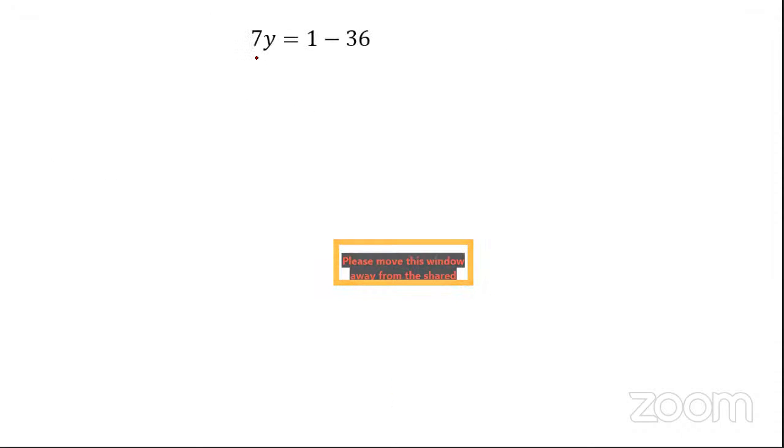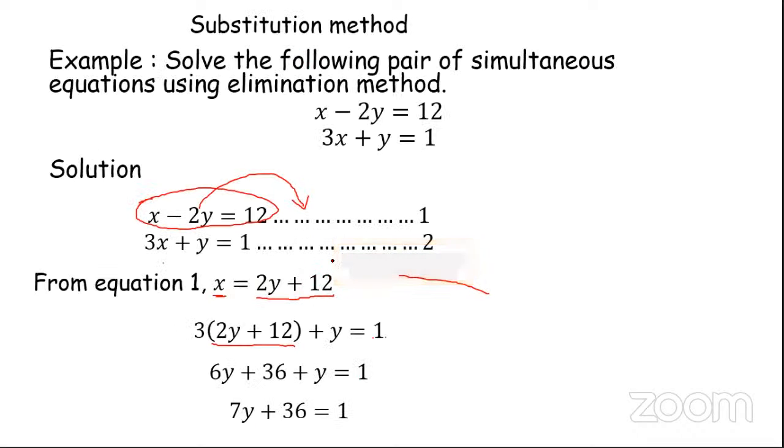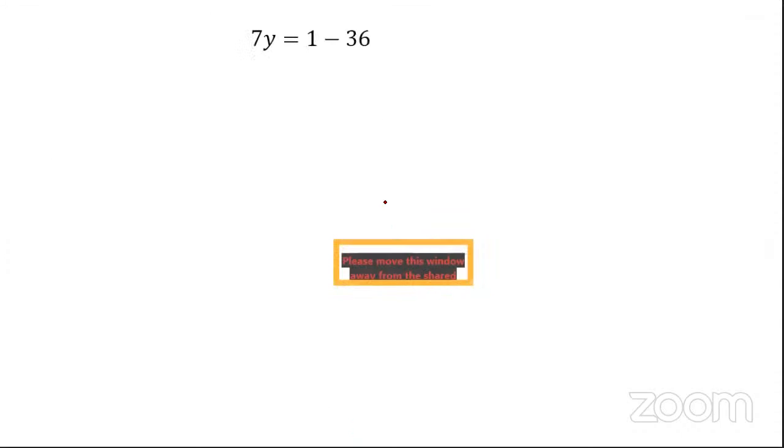Then 7y, so we transfer the 36 to the left hand side. So it will become negative, so it will be 1 minus 36. And the 1 minus 36 gives us negative 35. So when we reach here, we are going to divide by 7 both sides.